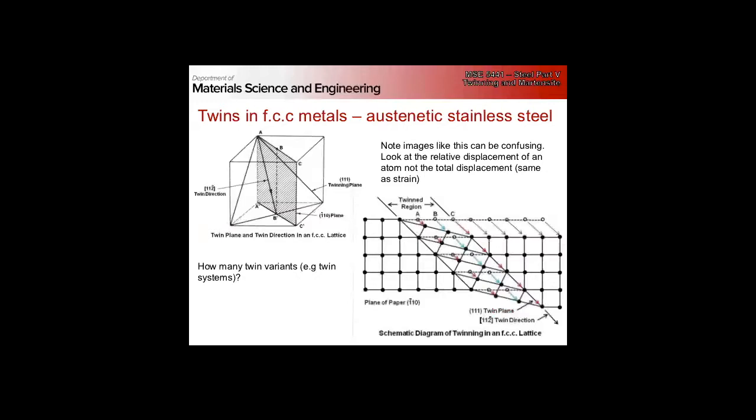And if you think about it, the 1-1-1 is the close packed plane, right? So we're essentially just rotating that. We've got an atom with 6 neighbors. We're just rotating it by 1 neighbor, right? So that's the geometry of the twinning.